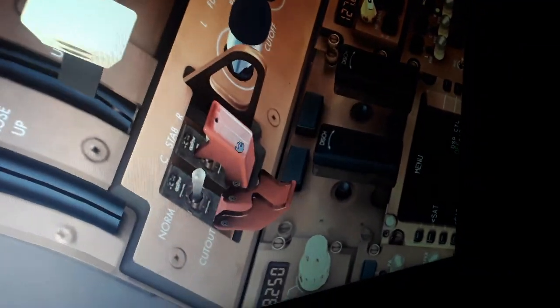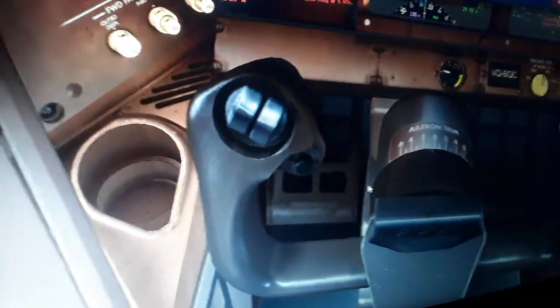And in case you have a failure in the hydraulic system, the C, L or R, you can disconnect the electric trim stabilizer here from the autopilot and the autothrottle function of the aircraft. So you'll have only the mechanical trim over here.